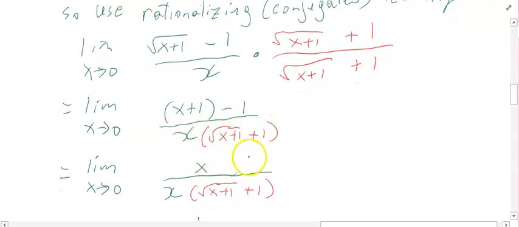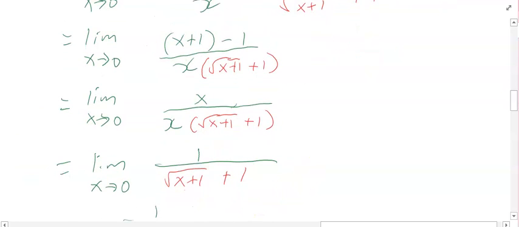Continue doing this, expanding, simplifying, and we have the limit as x approaches 0 of x over x times radical x plus 1, and the x's will cancel each other out in the numerator and denominator, so we're left with the limit as x approaches 0 of 1 over radical x plus 1 plus 1.